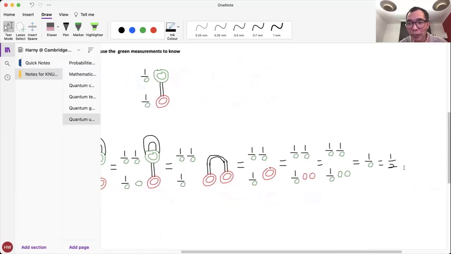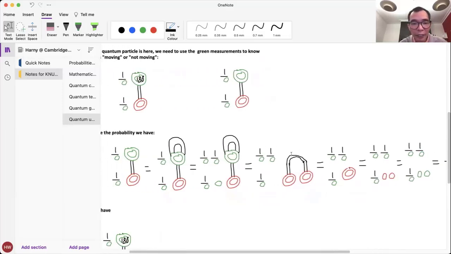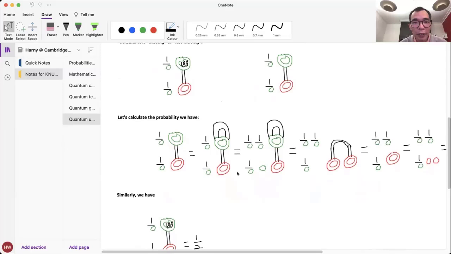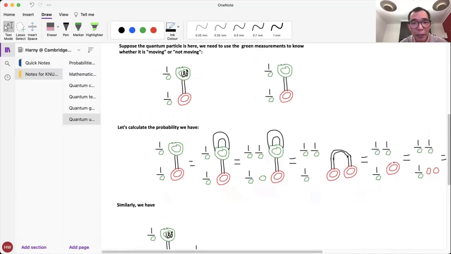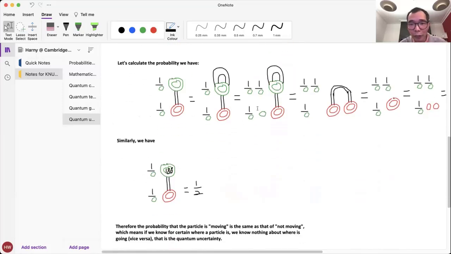Then we get the probability is half. And similarly, if we use this to measure the state, we will get this, and we do the same. We will get the same probability.